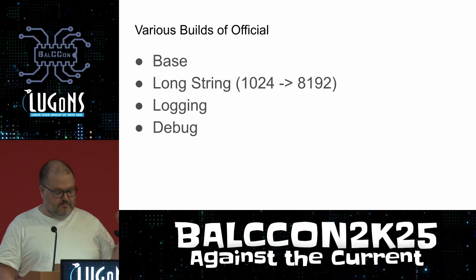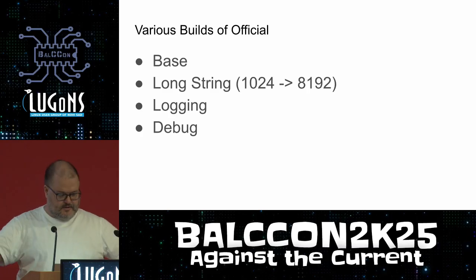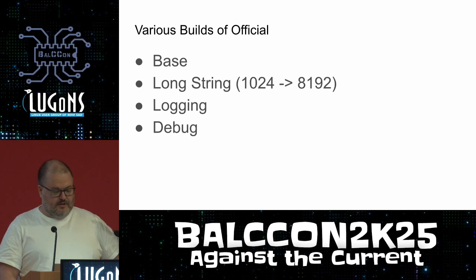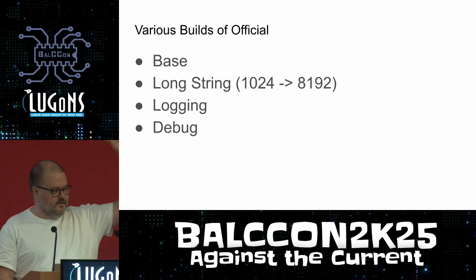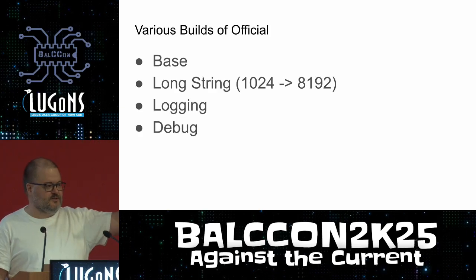There are a few various builds of the official version, and also of the other versions. These are the larger buckets. We're going to get into smaller and smaller buckets as we get more granular as this talk goes on, but these are the big ones. There's the base model. There's long string. There's a setting in the NSIS headers before you compile it that sets the string length.